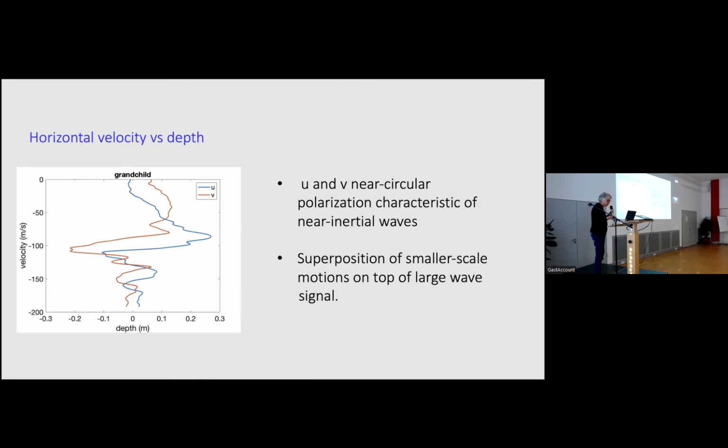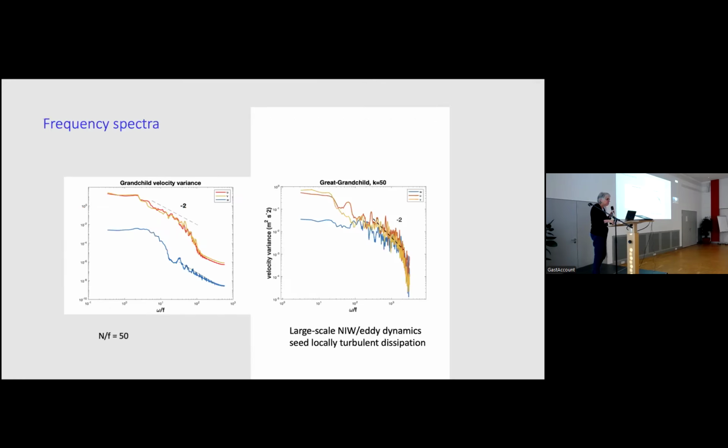So on the other hand, if you look at the horizontal velocity versus depth, you see in the grandchild a very nearly circularly polarized signal, which means near-inertial waves. And on top of this very large signal, you see a lot of small-scale motions. Frequency spectra.